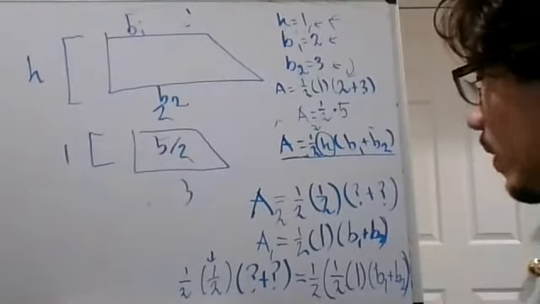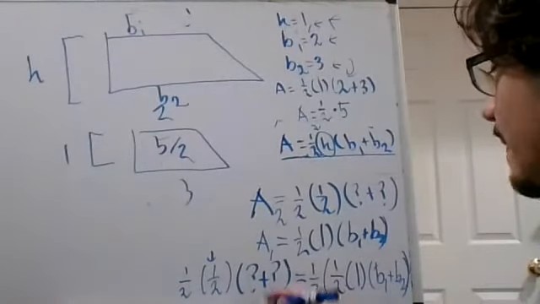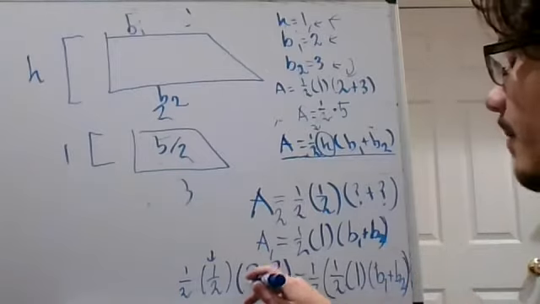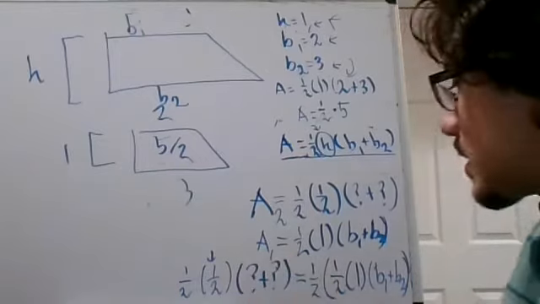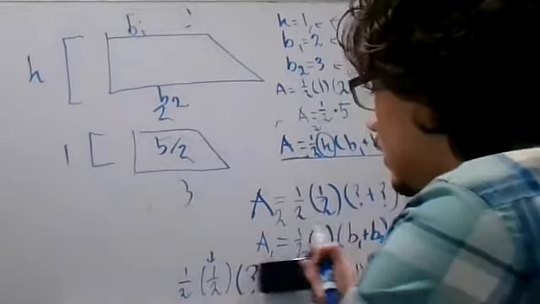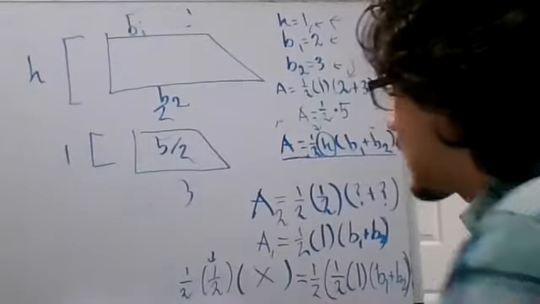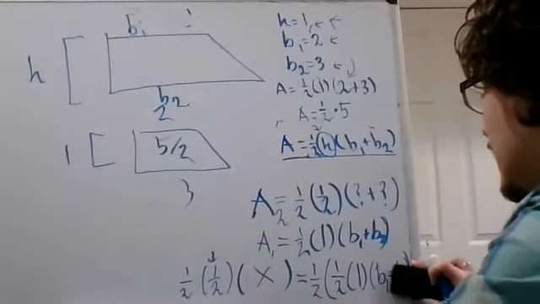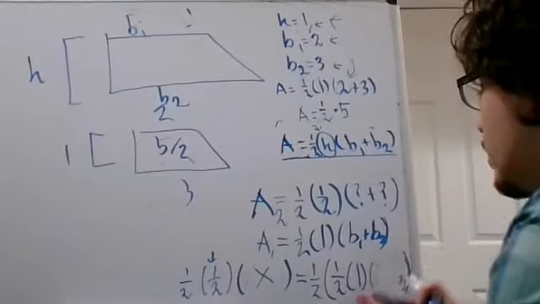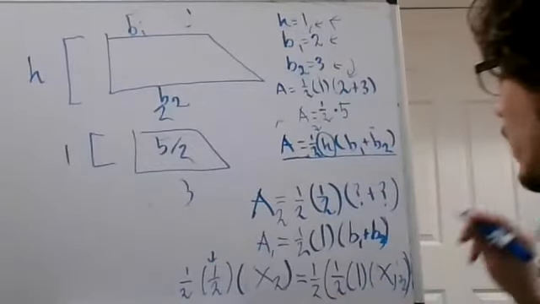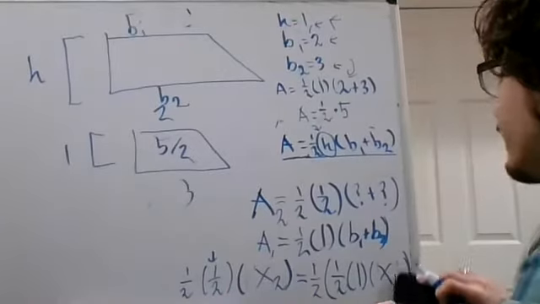So when we simplify this equation, let's say that instead of having our unknown bases, we'll just say it was x, as if it was a variable, and we'll say that our original bases were x1, our new bases were x2. We know that x1 is equal to 5.